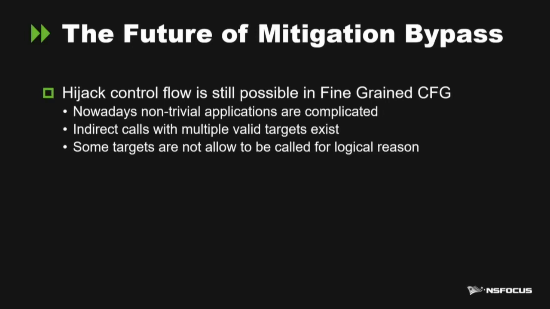And some targets are actually not allowed because of logical reasons that cannot be detected at the assembly level. So if you modify the function pointer to that logically not allowed target, you can still hijack the control flow and do some malicious things.